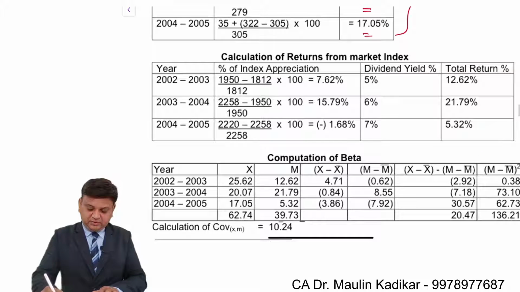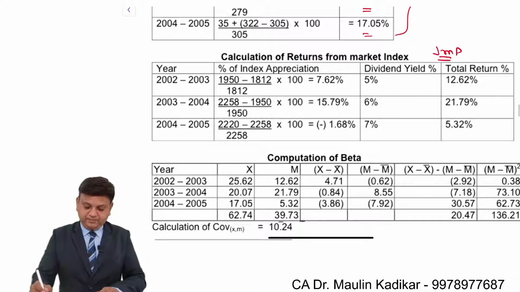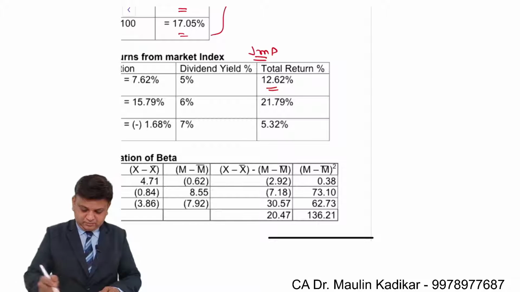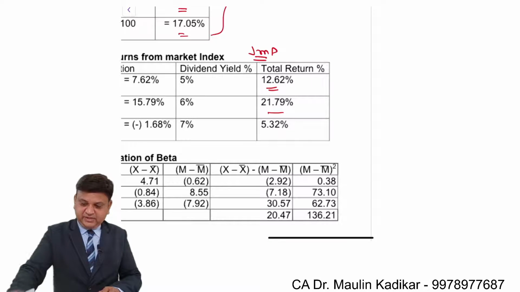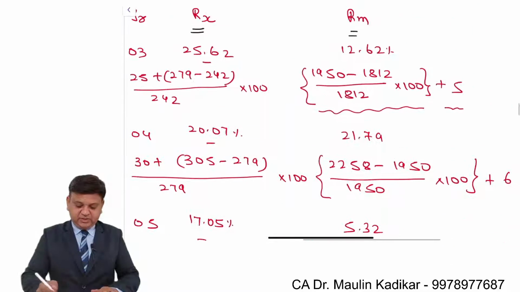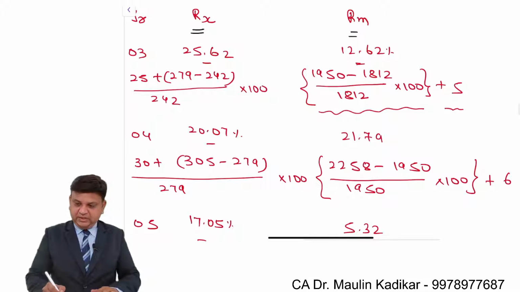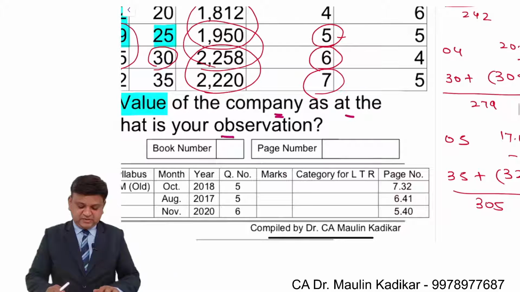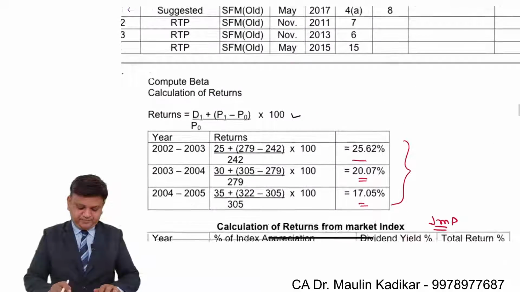Then this is important: 12.62, 21.79 and 5.32. This is the way the return is calculated.